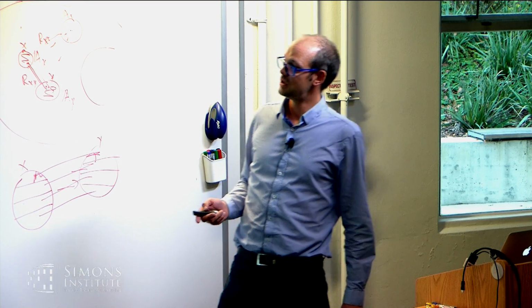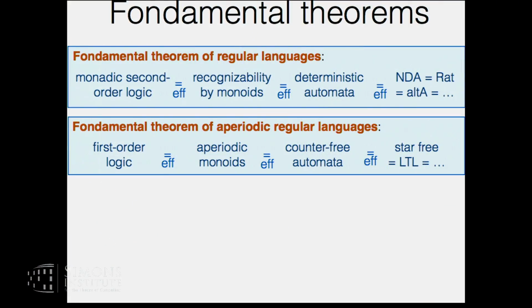So what are the two key theorems that we have in regular languages and that we use as a kind of yardstick for understanding things and for knowing what we have in different classes of languages? Well, that's what I call the fundamental theorem of regular languages. Everything is equivalent, almost. So monadic second-order logic, recognizability by monoid, deterministic automata, and everybody knows a long, never-ending list of such things.